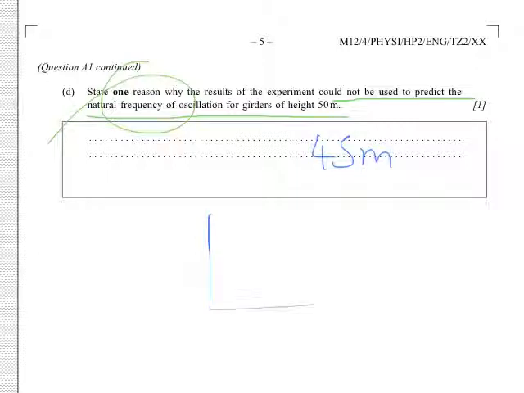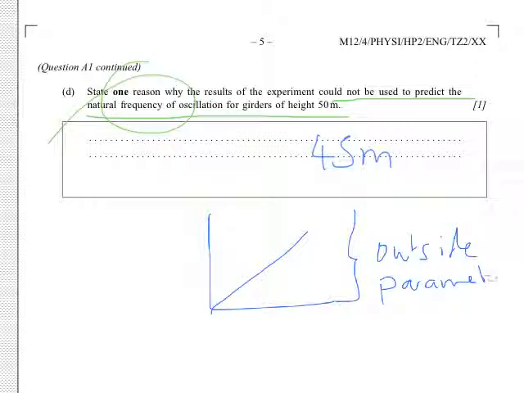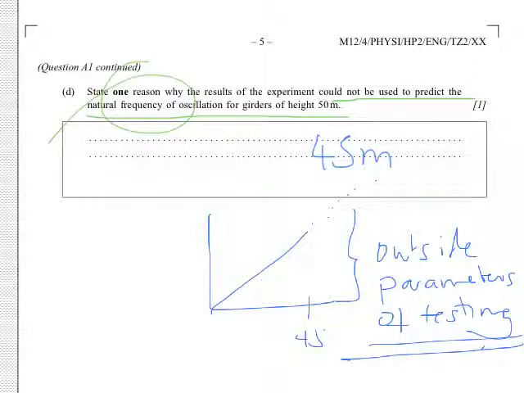Well, whenever you plot a relationship, you cannot conclusively say that that relationship is in fact the case outside the parameters of testing. You can hypothesize that beyond 45 it will continue following that pattern, but unless you test it yourself and actually do an experiment, you will never know.